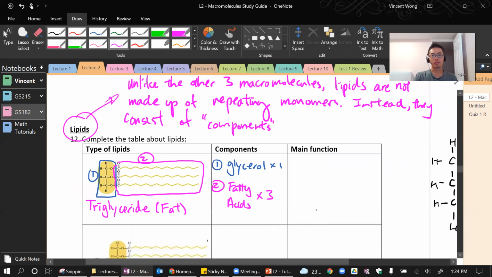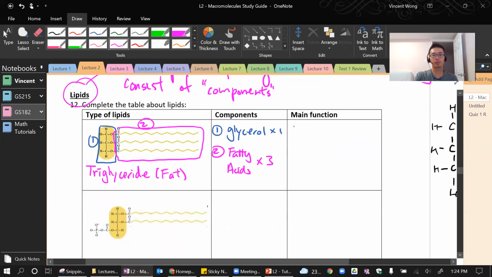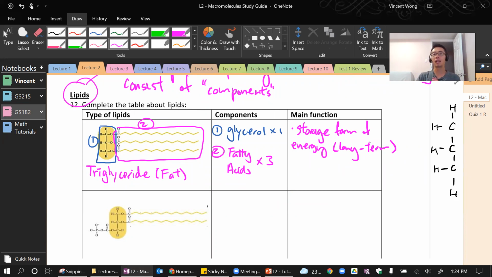Main functions. What do we need lipids for? Lipids are useful as a storage form of energy, more like long term. If you didn't eat breakfast this morning, you would run on glycogen.